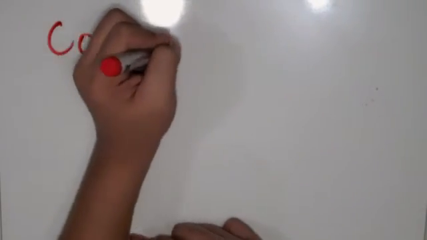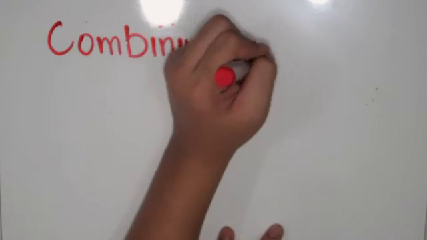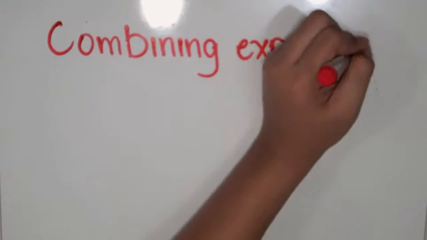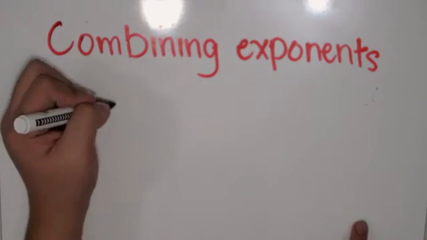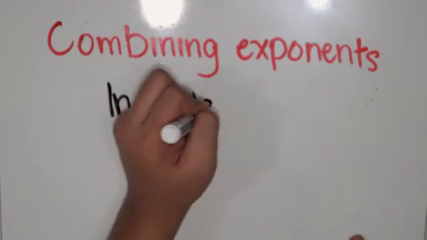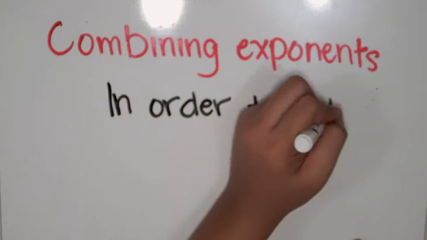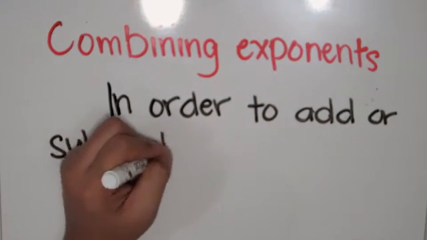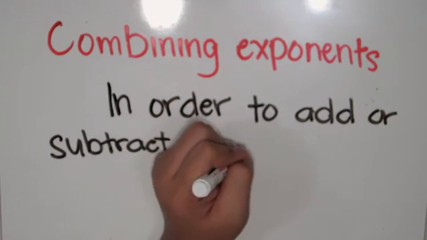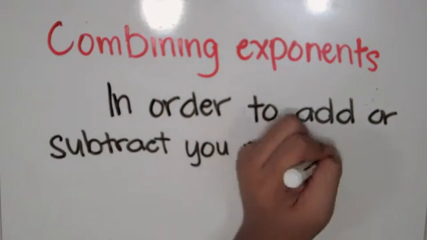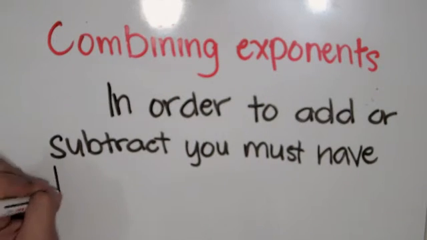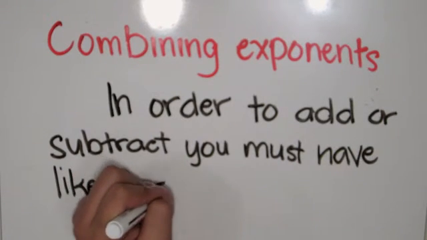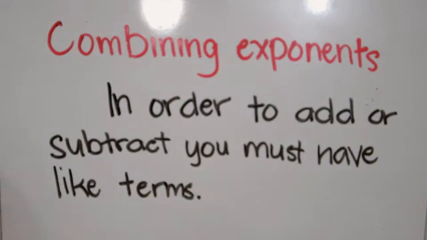Now let's move on to combining exponents. In order to add or subtract, you must have like terms. Now here's proof.